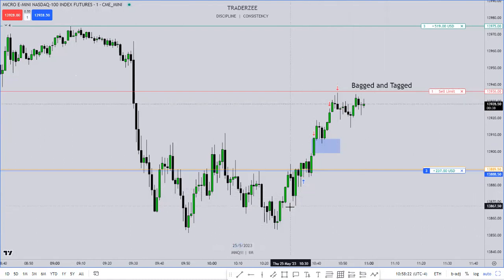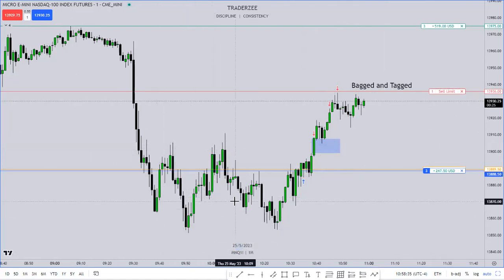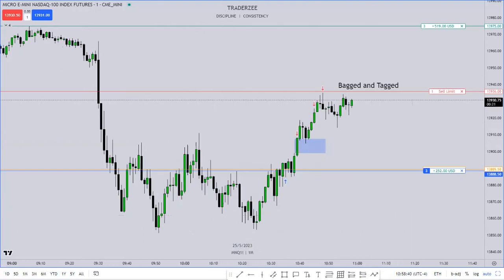What is an example of a low resistance liquidity run? Say, for example, I'm not going to change the chart right here, but if you go to the ES chart, or just stay here. Say, just a second. I'll just try to give you a better example.